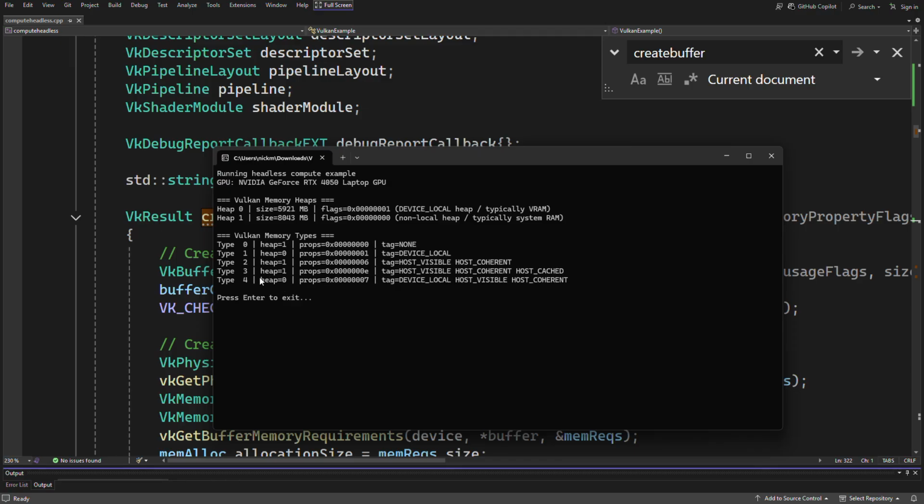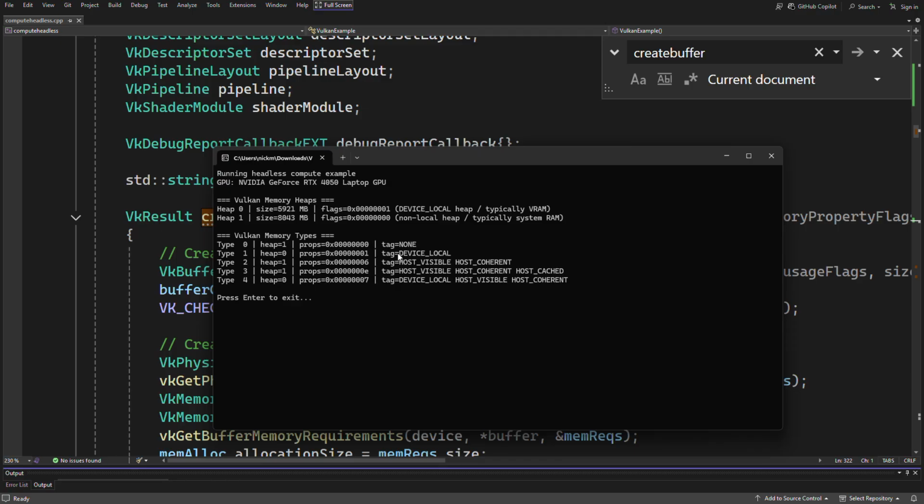Again, we could look at type 4 and type 1. Type 1 is exclusively GPU access only. Still heap 0, but GPU access only. So no, the CPU can't access it. It's not host visible. It's not host coherent. There's no caching, I don't believe.